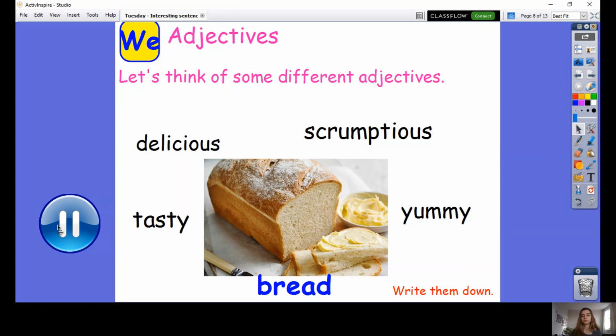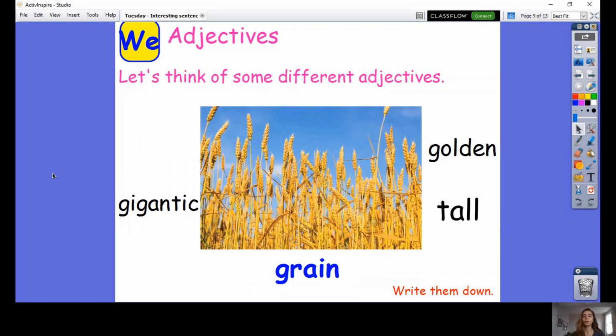Fantastic. You came up with three adjectives. Can you tell me one of your adjectives? Fantastic. That makes your bread sound so delicious. Great job.